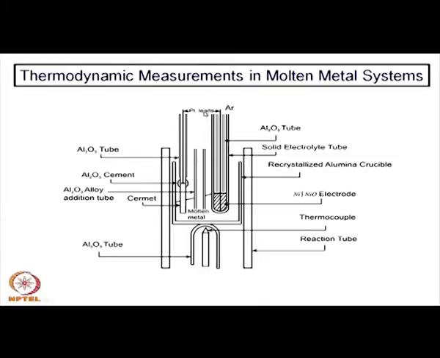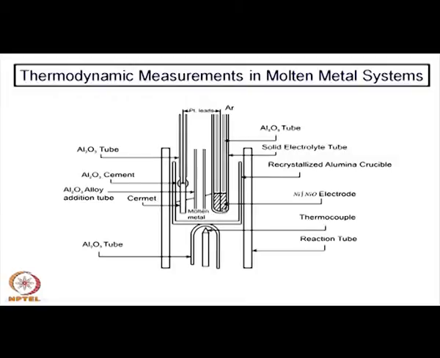This actually acts as an electrolyte which is dipped inside the molten metal, and once again the wall is acting as the electrolyte. Inside you have a reference electrode, and outside you have contact with the molten metal. By that process it generates an EMF.